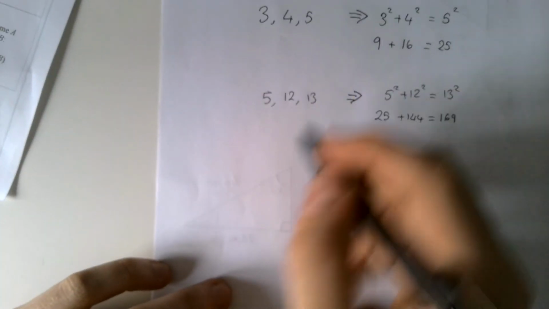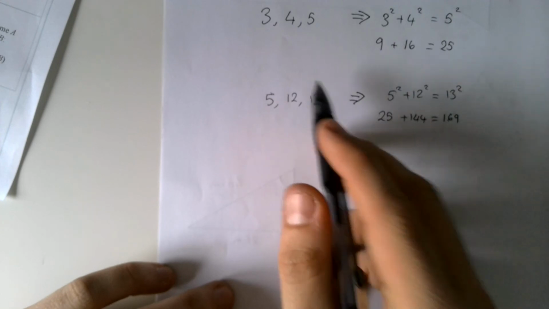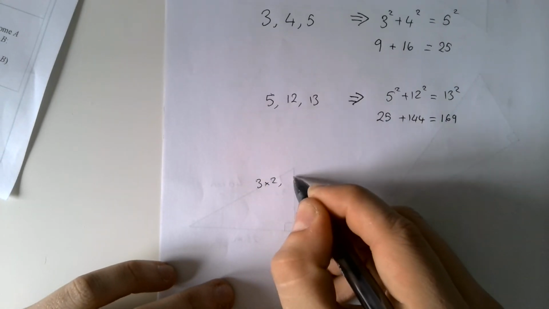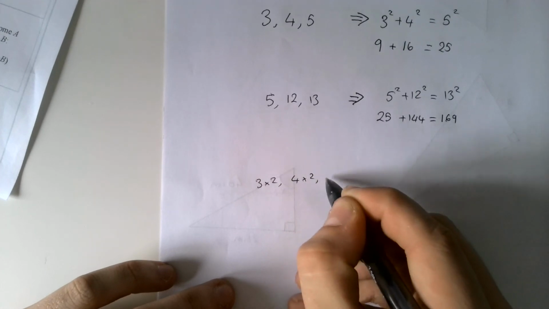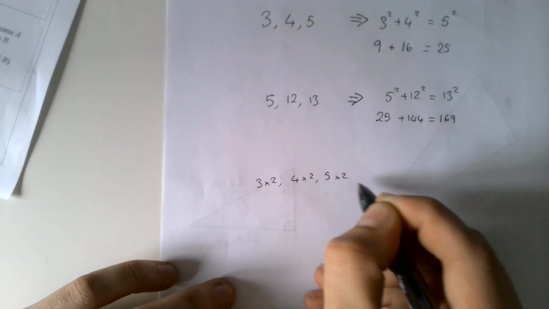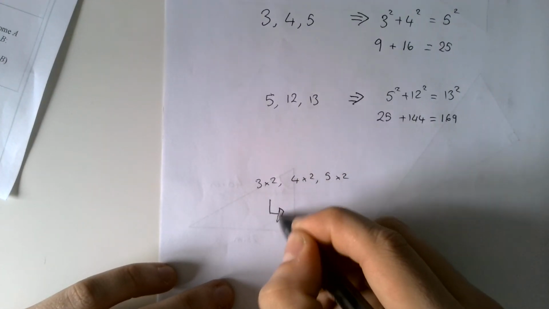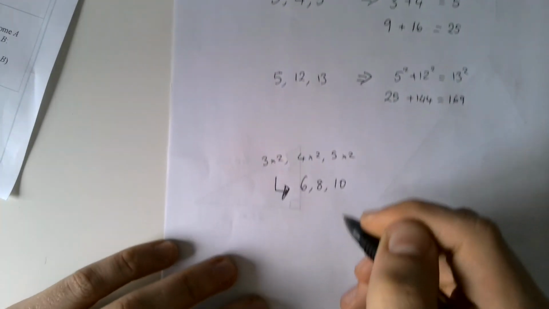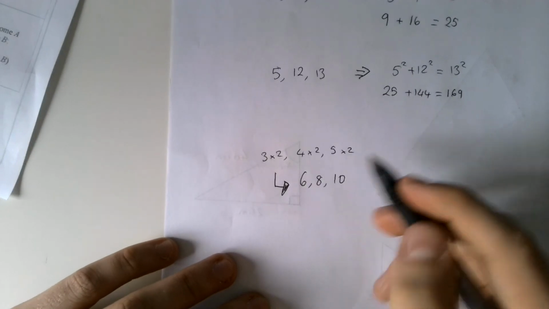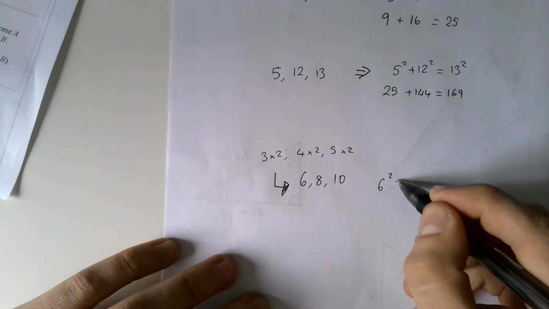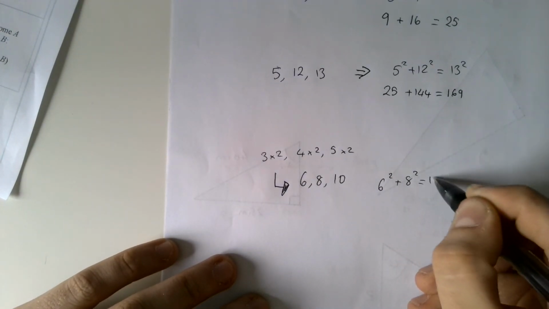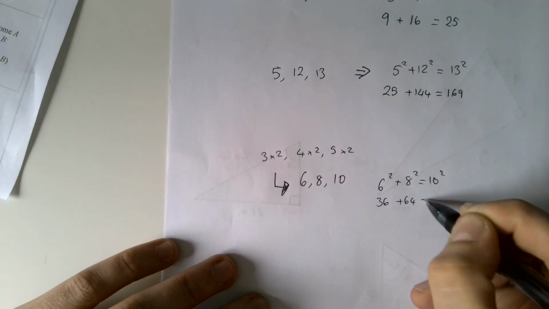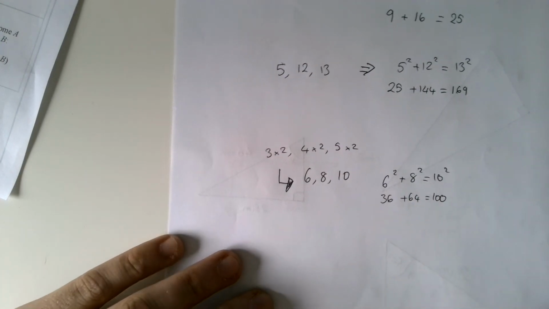So for example, I could double 3, 4 and 5. So 3 times 2, 4 times 2, 5 times 2, they are all Pythagorean triples. 6, 8 and 10. They are Pythagorean triples. 6 squared plus 8 squared is 10 squared. 36 plus 64, 100.